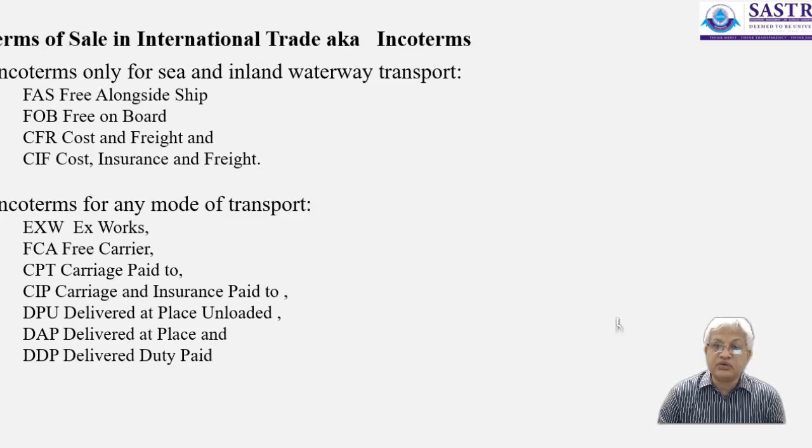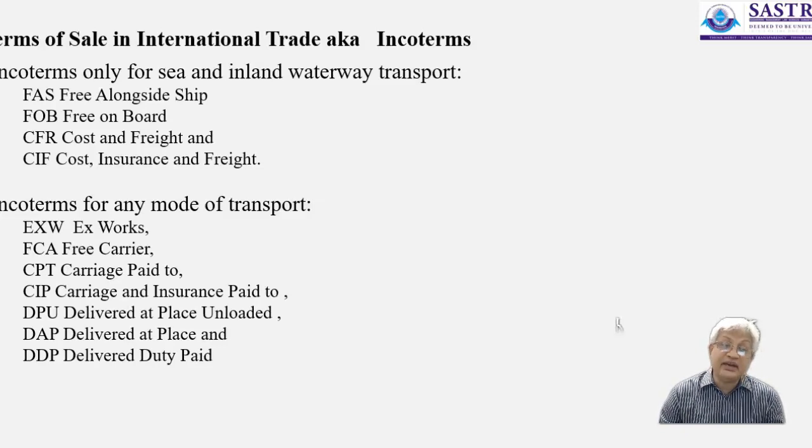Now the second part of Incoterms can be used in any mode of transport including sea shipments. That is X-Works, FCA, that is free carrier, CPT is carriage paid to, CIP is carriage and insurance paid to, DPU stands for delivered at place unloaded.